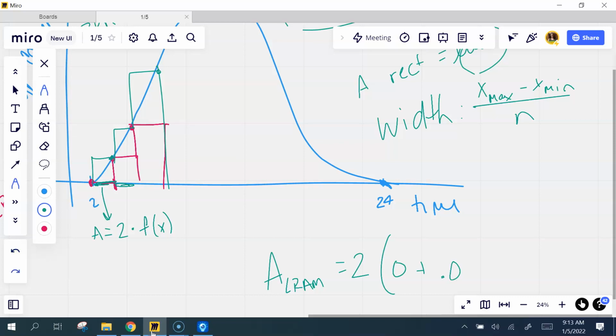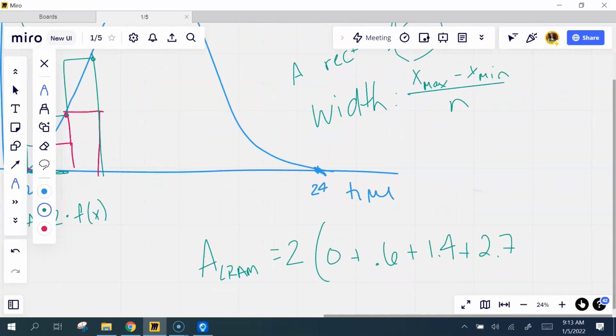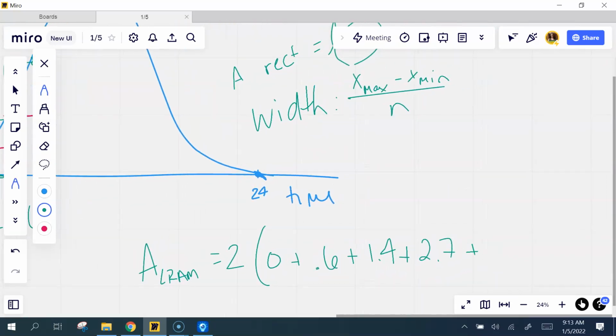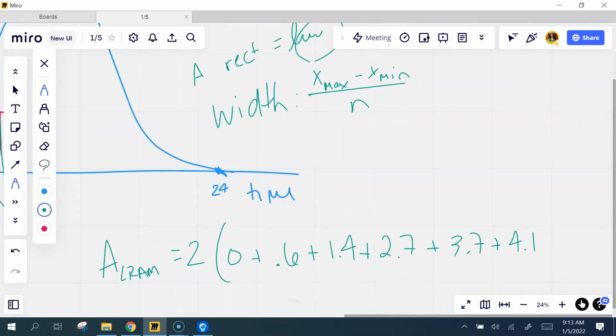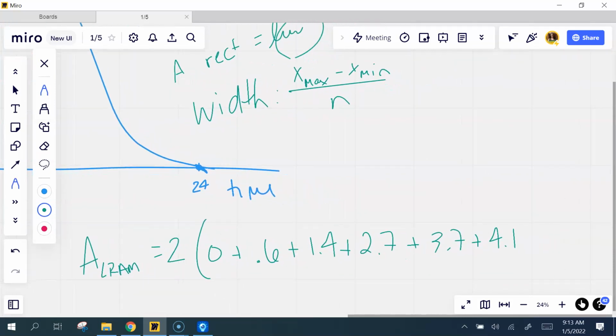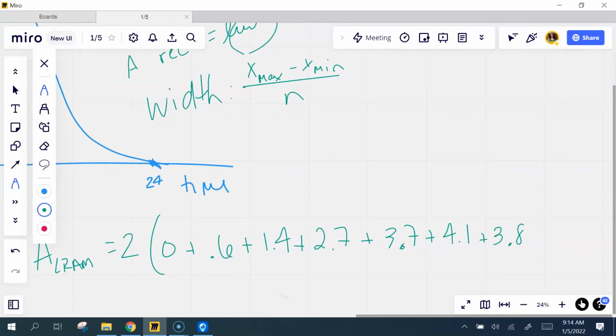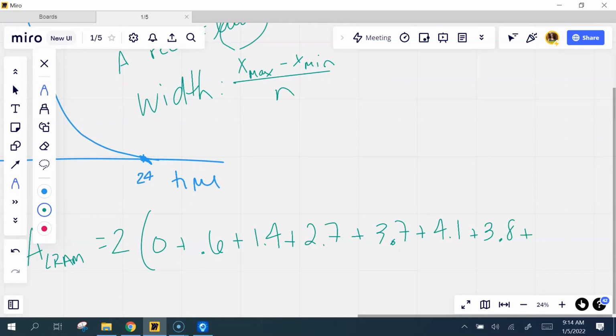Y'all see? Okay. Yeah. Sorry. 2.9. I ran out of room.